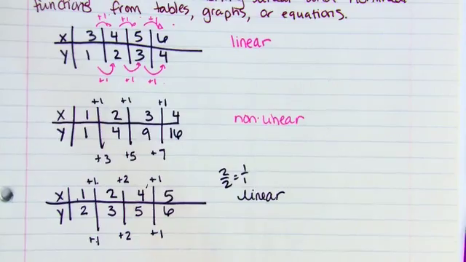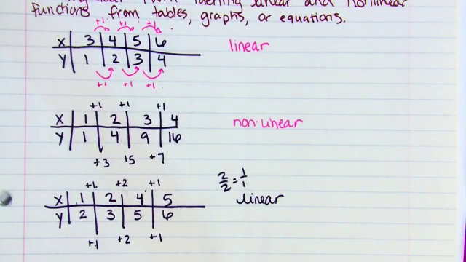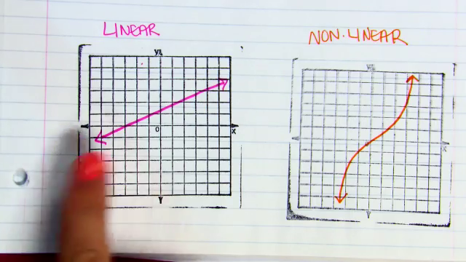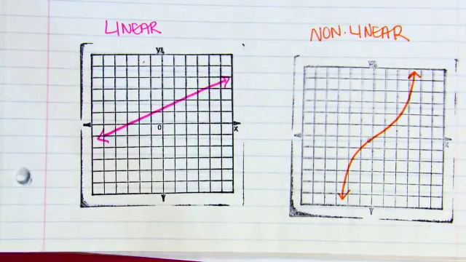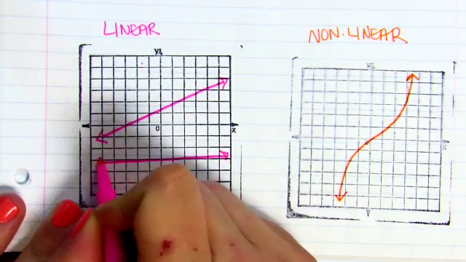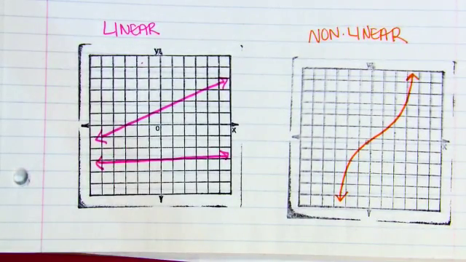So looking at tables, that's all we're looking for, a constant rate of change. When we look at graphs and we're trying to decide if they're linear or nonlinear, it's actually even more obvious than in a table. Is your graph a straight line? If it is, then it's linear. If it's not, then it's nonlinear. So here I have a straight line, that's linear.